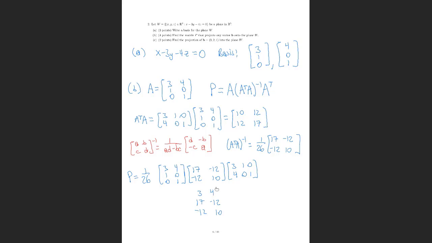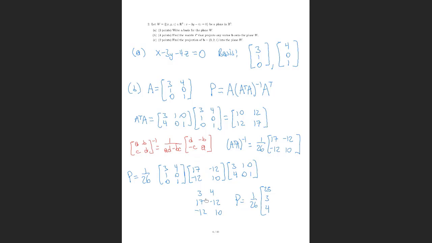So that would be like 9 plus 16 is 25. And then we'll do, all right, so I'll get the first column first. So 17 times 3, so 51 minus 48 is 3. And then negative 36 plus 40 is 4.